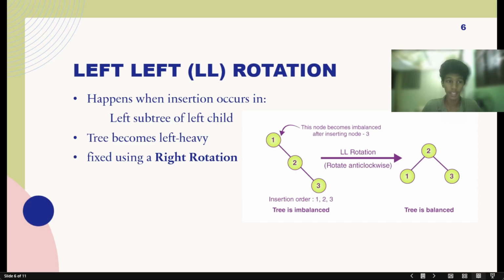This creates imbalance at node 30. To fix this, we perform a right rotation on node 30. After rotation, 20 becomes the new root, 10 becomes the left child, and 30 becomes the right child. The AVL tree becomes balanced again.